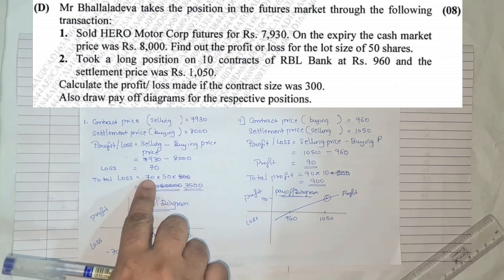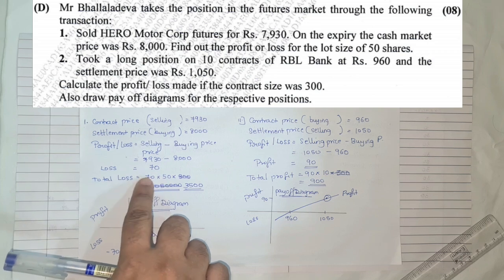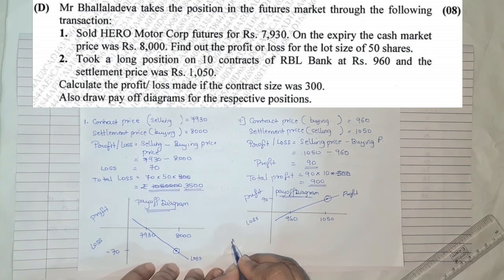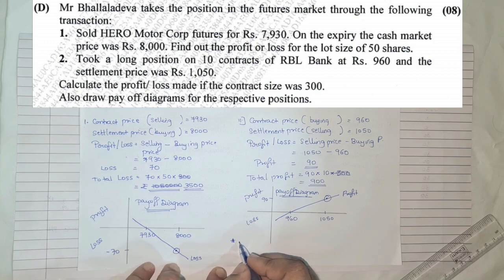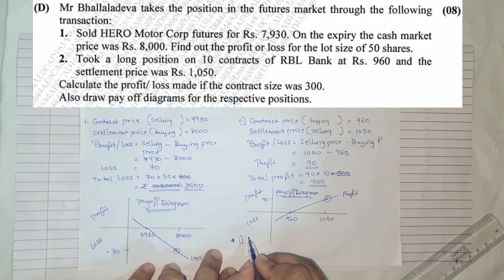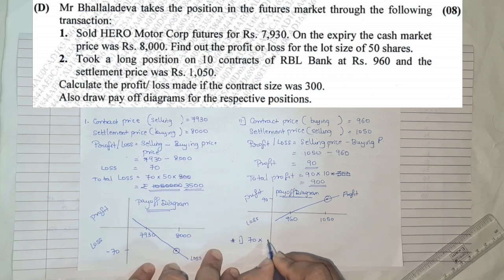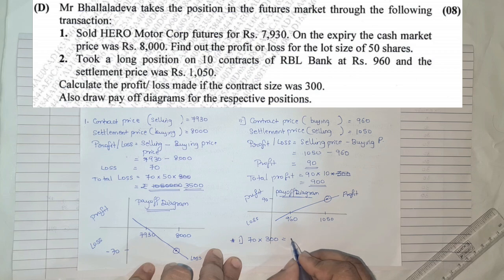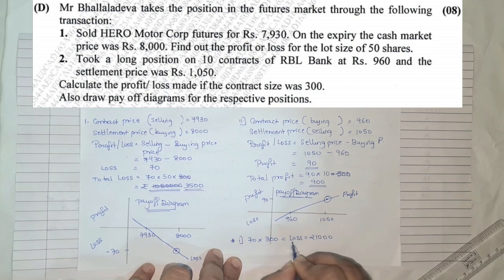Okay, so remember, we just took for 70 into 50 rate. Now for that B part, the next part, find the profit or loss made if the contract size was 300. So if it was 300 contract size, there was a loss of 70, so it will be 70 into 300, so that would be a loss of 21,000.